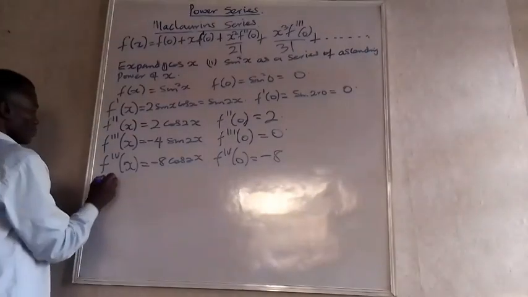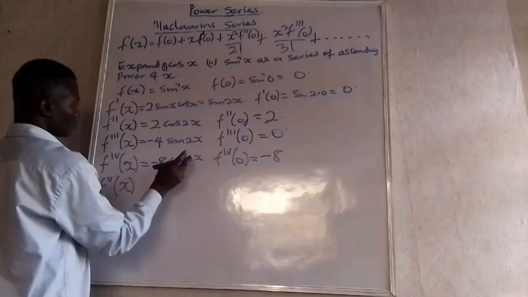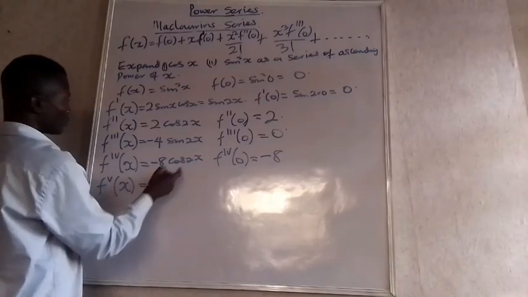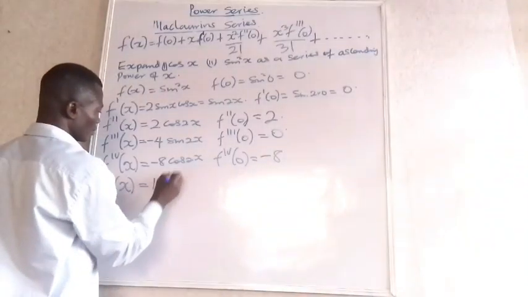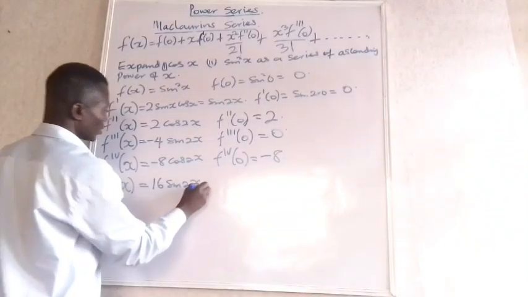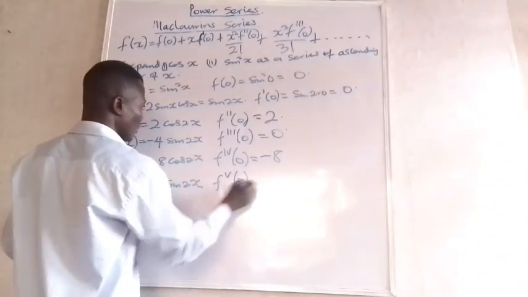The next one will be 16 sin 2x. That's 0.